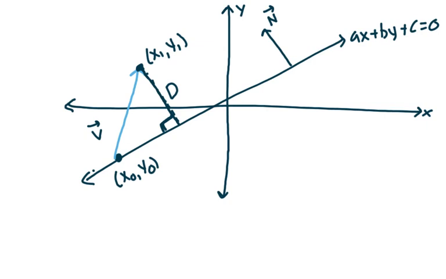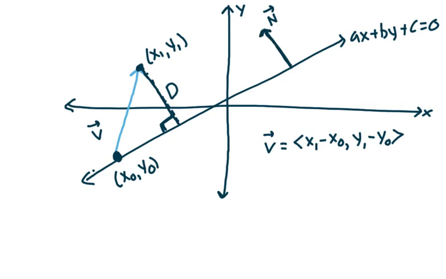Now, again, I'm going to pick a point on the line and call it (x naught, y naught). And I'm going to form the vector v, which is equal to (x1 minus x naught, y1 minus y naught). Now, remember what I said. n is perpendicular to the line.